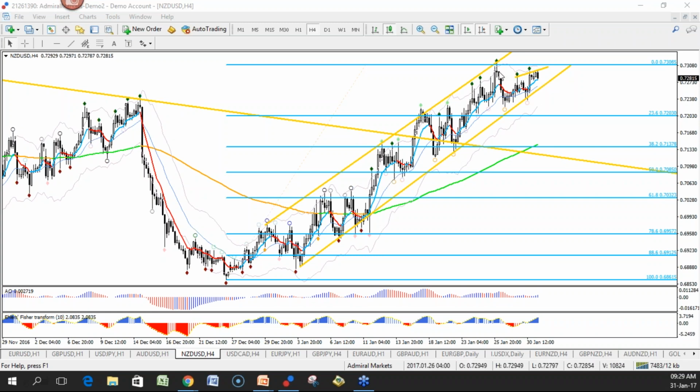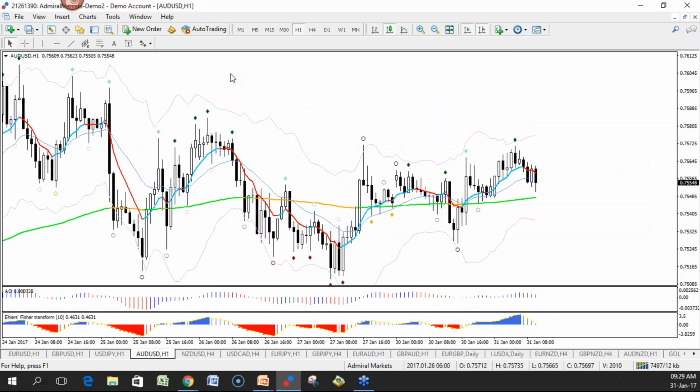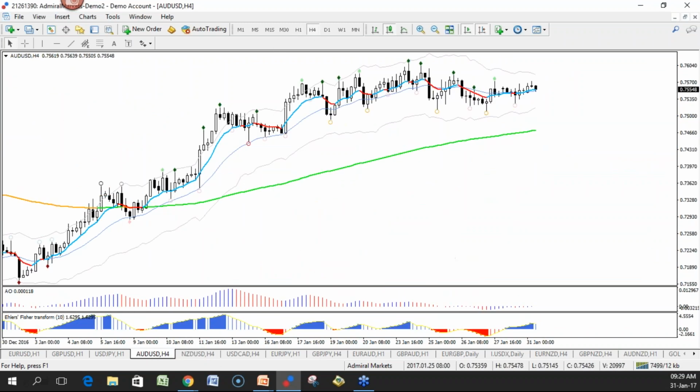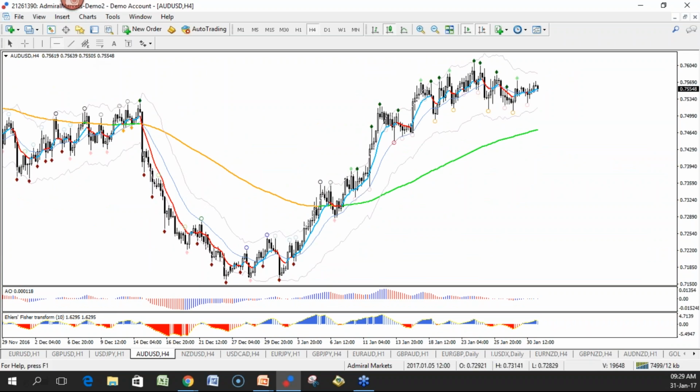I would say, technically speaking, a break and close of a strong candle above the Keltner and above this top would be a continuation of this uptrend channel. Aussie USD, I think this bottom is very important.